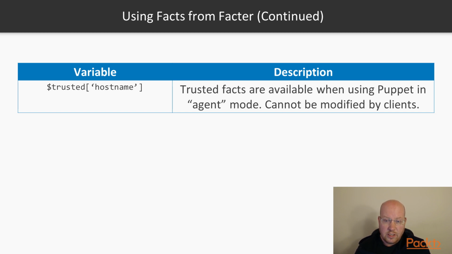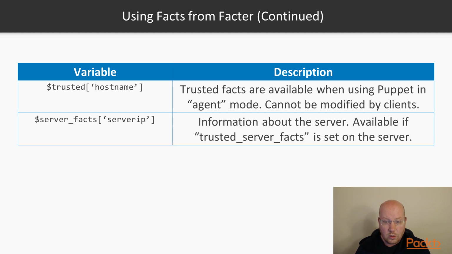All of the information that was in that cert goes into a separate hash called trusted. So that includes things like the host name, which is the first part of the common name of the certificate, the domain, that kind of information, as well as any SSL extensions that might have been loaded into that certificate. So that information in that trusted hash you can consider as special because it's information that the server has been able to verify, as opposed to regular facts, which is just self-reported by the client. There's one more.